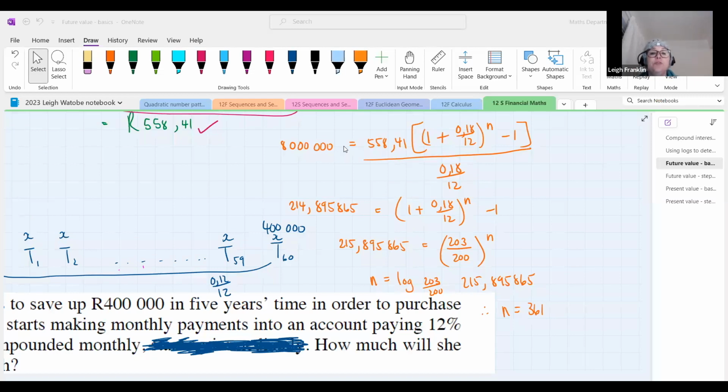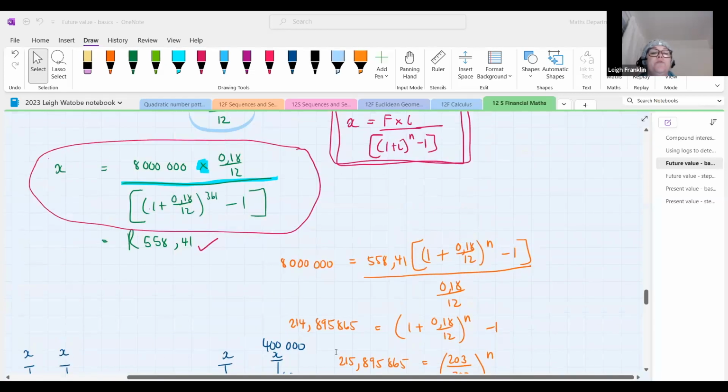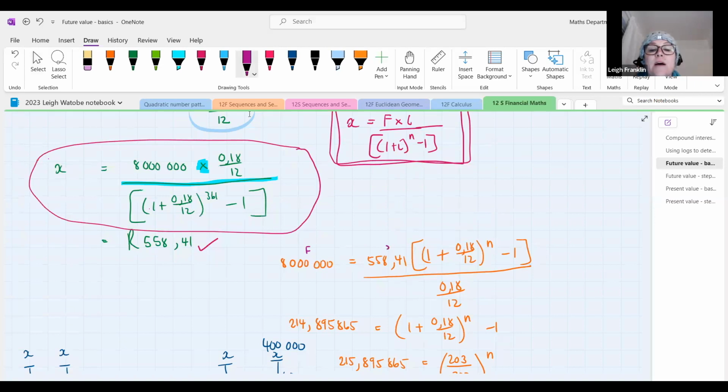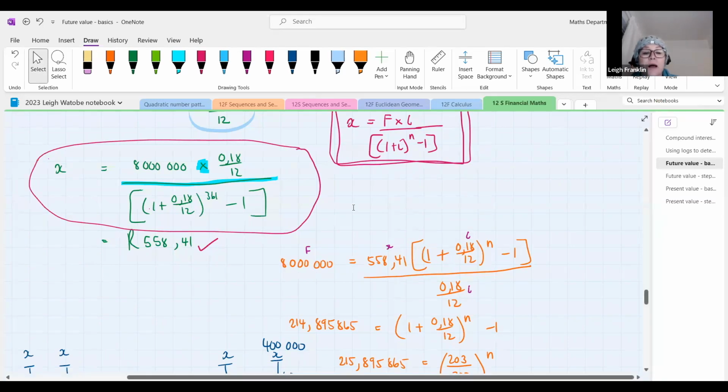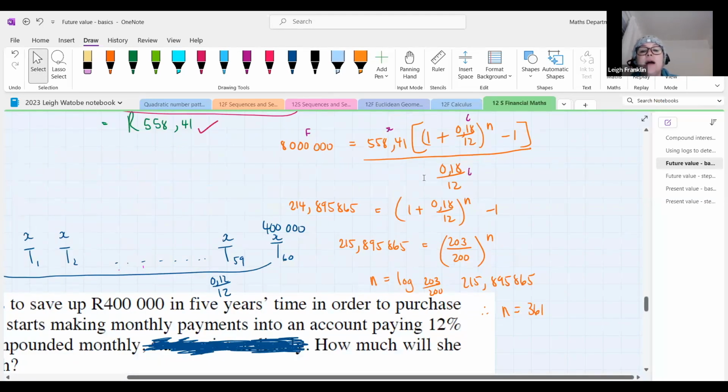All right, so what we've done is we've used future value and logs to calculate the value of n. We knew that n was equal to 361 for this particular question because we've already worked it out. So we're subbing into the future value formula. Our future value is F. This is our x. There's our I. You're going to cross multiply 8,000 times the I at the bottom.